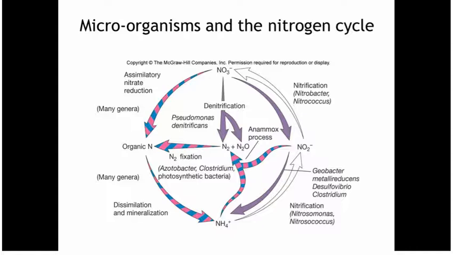This is kind of a weird process because this is another chemolithotrophic process here. So it's bacteria getting energy from an inorganic reaction. The electron donor is ammonium, the electron acceptor is nitrite, and they combine to form neutral nitrogen gas. It was only discovered 20 years ago, in 1999, and it's performed by bacteria which are part of the planctomycetes group.